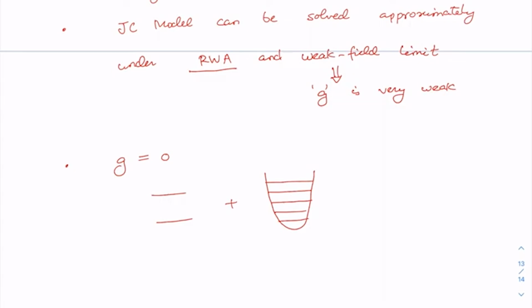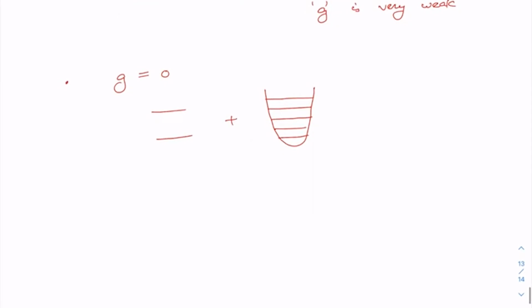So now let us draw the energy level diagram for the combined atom-field system.